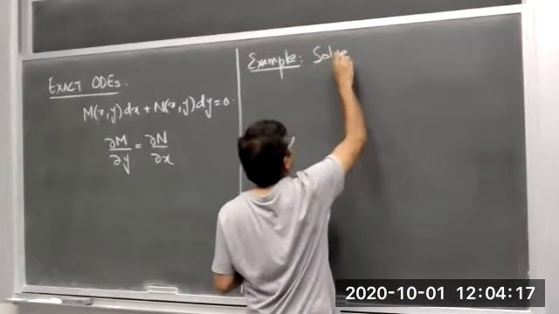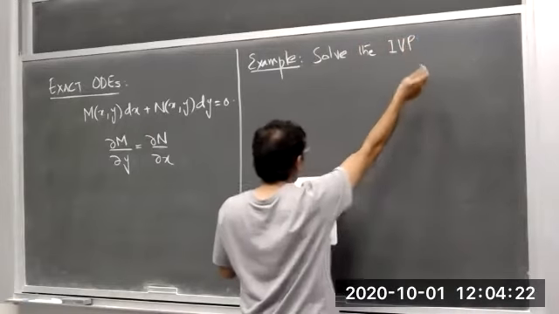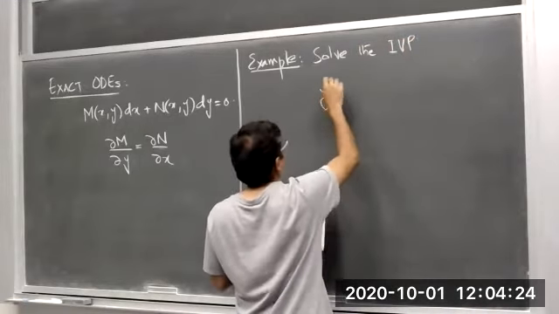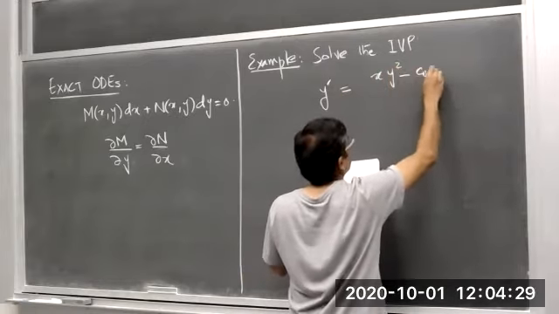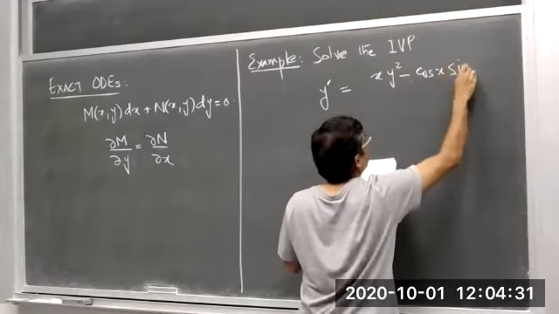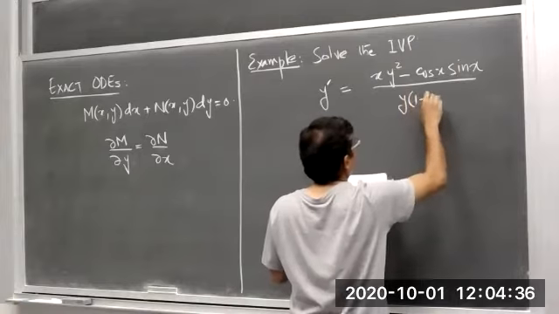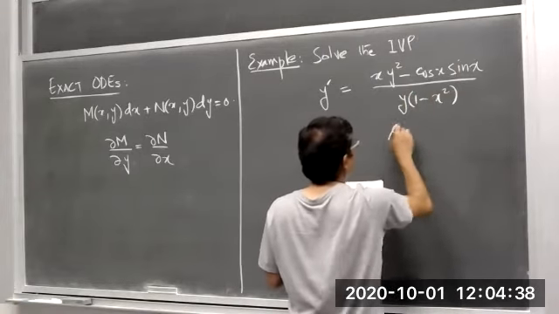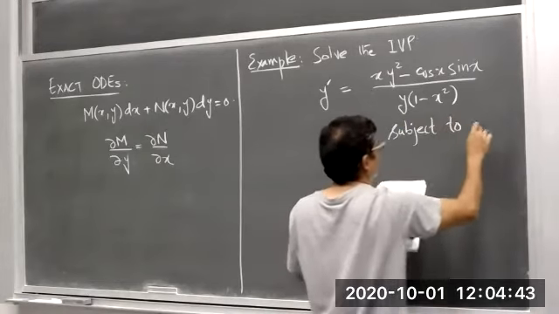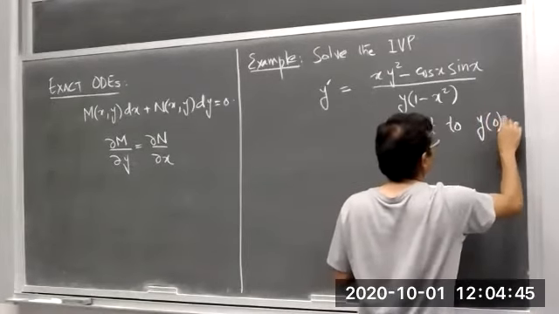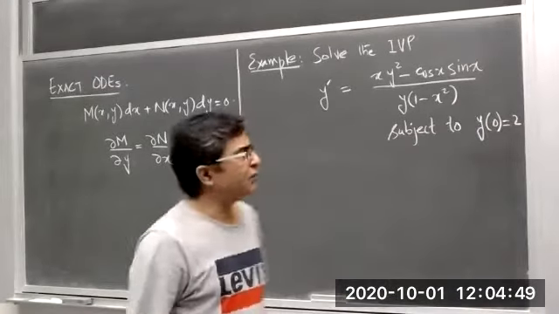Solve the IVP, where IVP means initial value problem: y' = (xy^2 - cos x sin x) / (y(1 - x^2)), subject to the initial condition y(0) = 2. So we need to solve this differential equation.